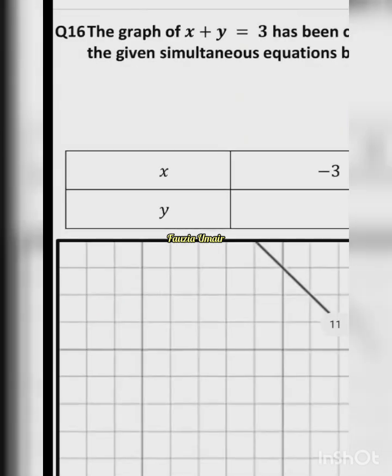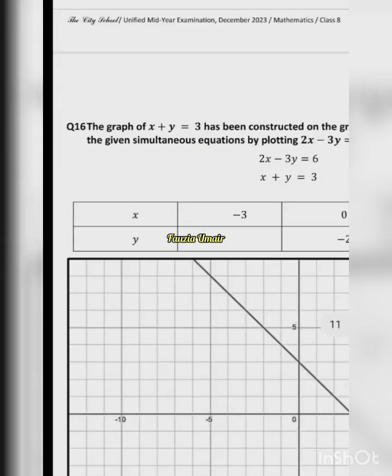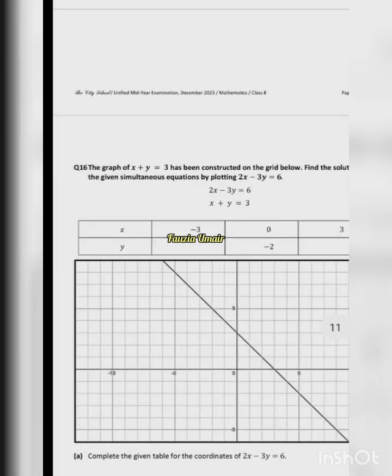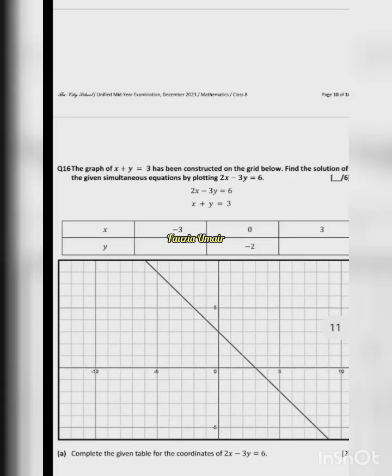So moving on to question number 16. Question number 16 is a very important question, because you need to learn what kind of question can come in the paper related to simultaneous equations.